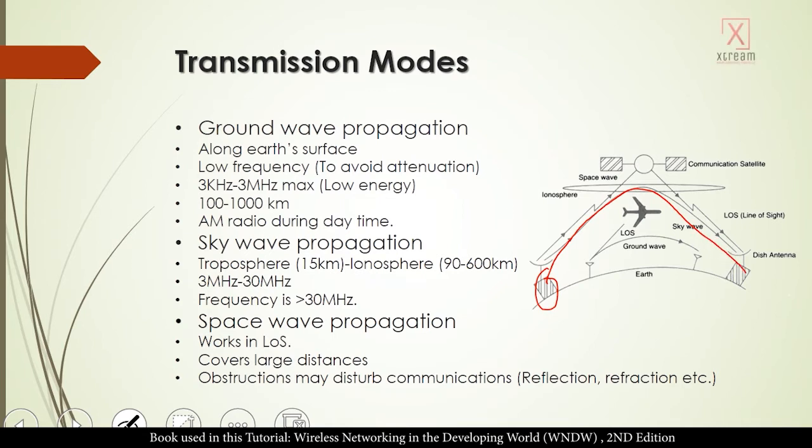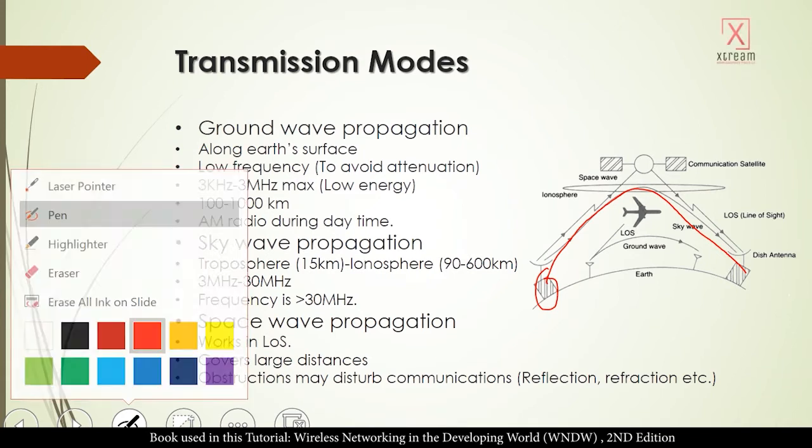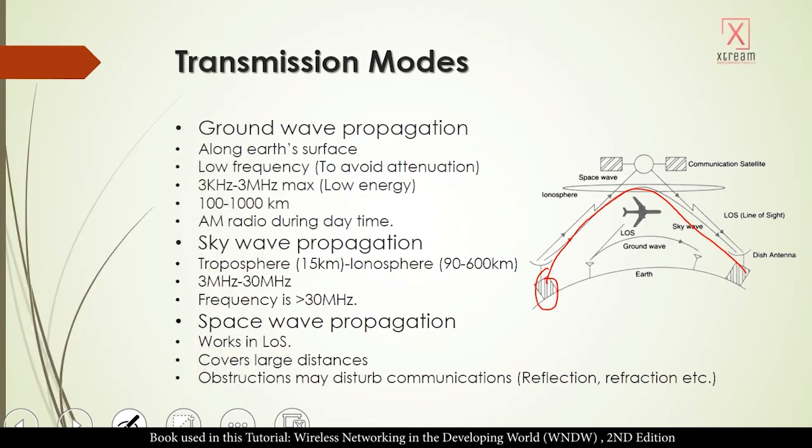The ionosphere has the ability to reflect signals in the range of 3 megahertz to 30 megahertz, right? If we go above 30 megahertz, the ionosphere will no longer reflect the signals, so they can pass through the ionosphere.